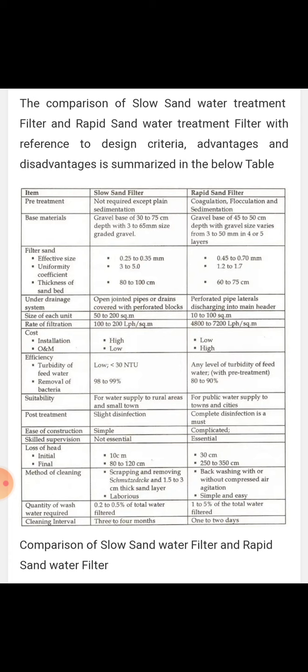Water is allowed to pass through a granular bed, that is sand, which is supported over gravel. Gravel is the base over which the sand is supported. There are two media: the sand filter, when the filter media is sand, or the charcoal filter or activated carbon filter, where activated carbon is used as the filter medium.